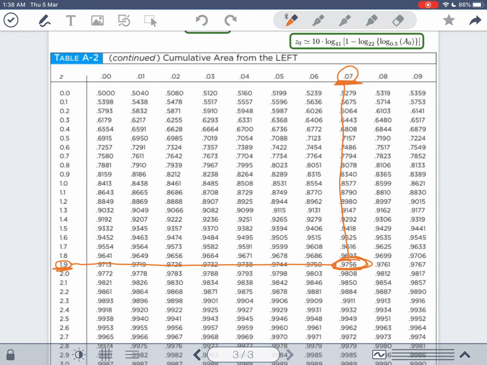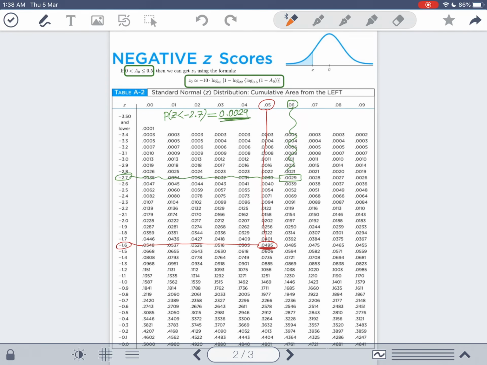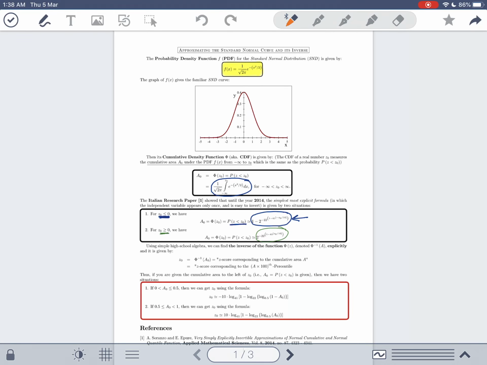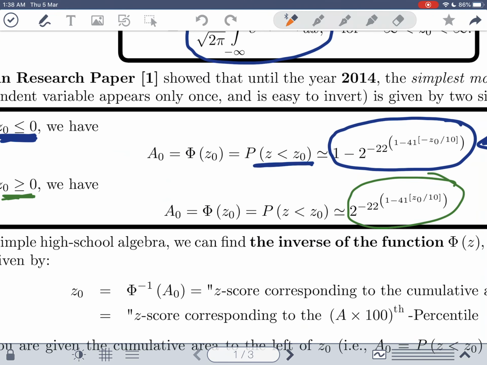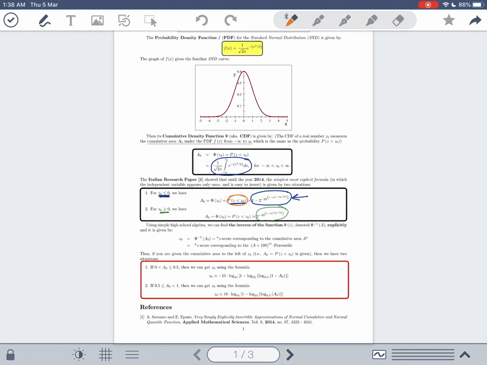So now you know that if you are given Z, you can use your calculator to find the cumulative area to the left of Z, which is the same as the probability that Z is less than your Z0, your Z score.